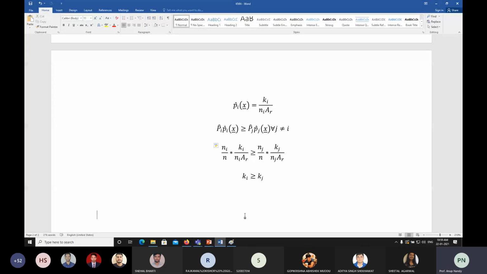This problem is encountered when you choose the value of k as even. If you choose k equal to 2, 4, 6, 8, then ties occur.